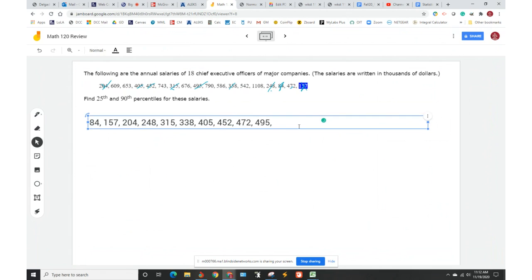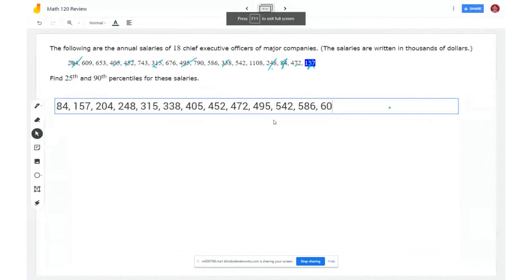So now let's look at the 5 and the 6s. So 542, 580, and 586. And then let's see if we can jump to all the 6s. 609.